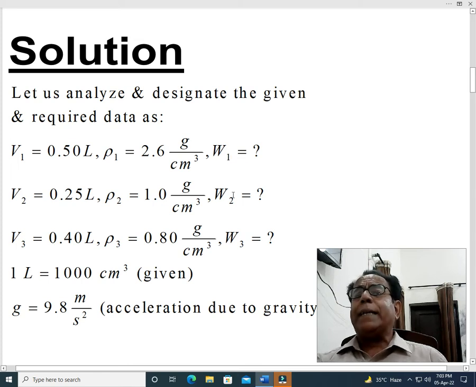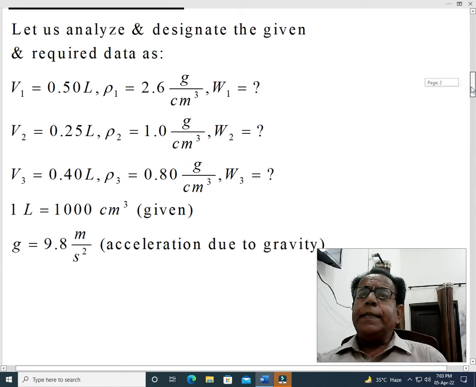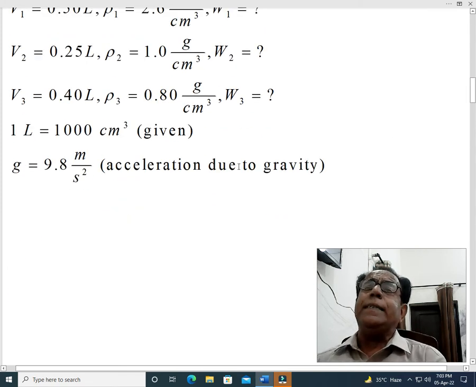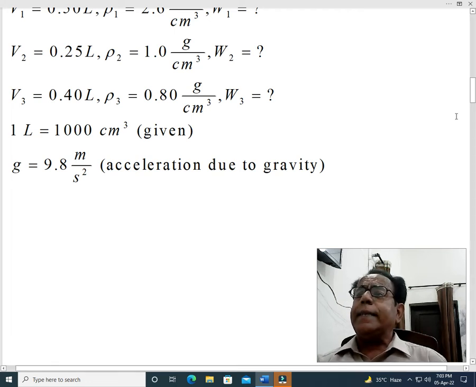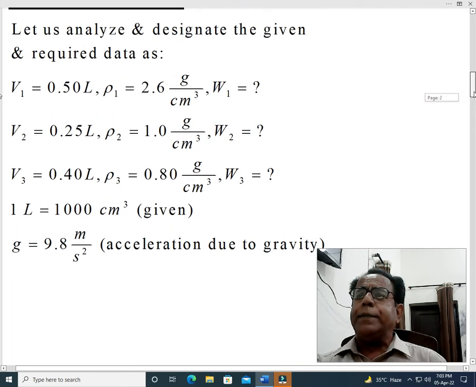There are three sets, so we have denoted these values as volume 1, rho 1, W1; volume 2, rho 2, W2; volume 3, rho 3, W3. Moreover, it is given in the hint that 1 liter is equal to 1000 centimeter cube. Moreover, g equal to 9.8 meter per second square, acceleration due to gravity. This is not given in the statement, but it should be assumed as a part of the data provided in the statement.